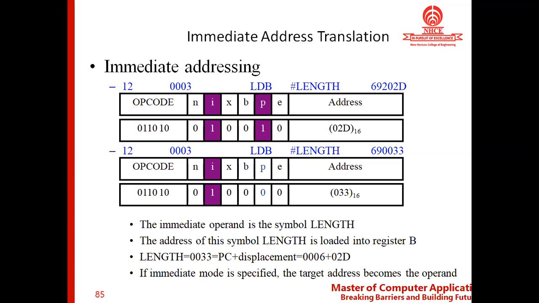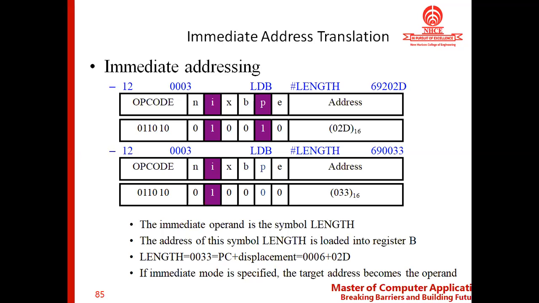The example in line number 12 is the same example, LDB #LENGTH. But if you see the object code, there is a difference. The first example shows some object code, the second example shows a different object code. You could see that the second example follows what we have discussed about immediate addressing.